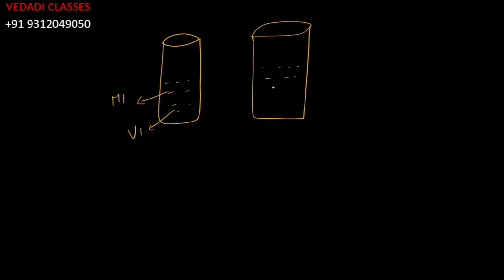Suppose the volume changes from V1 to V2, an increased volume. Then what do you think? The concentration will increase or decrease? Whenever the solution is diluted, the concentration will decrease. So this time the molarity will be M2. But the product of molarity and volume will remain the same.